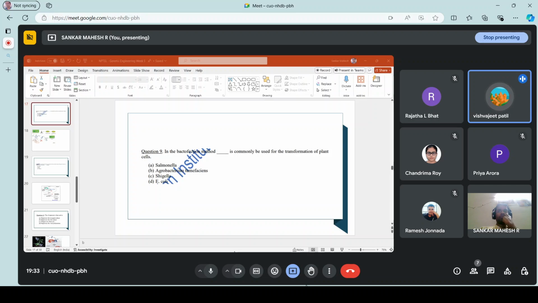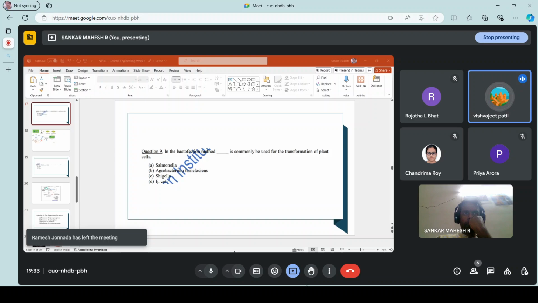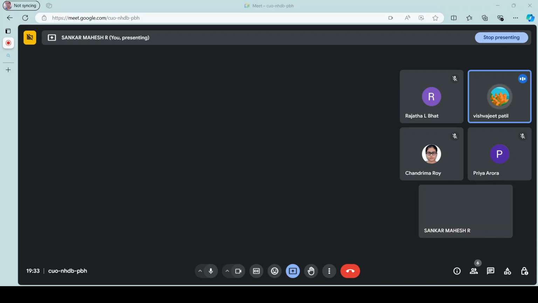Sir, option B is the right option because it contains Ti plasmid, which is generally used for transformation in plant cells.